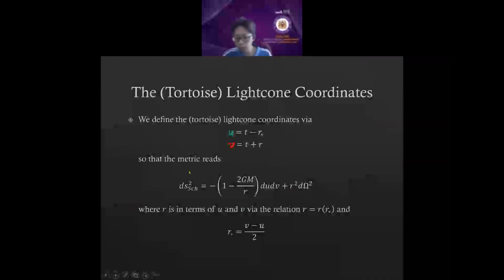So the metric now looks like this in this new coordinate system. But our focus is not really about the metric at the moment. We want to focus on the path of the light cone. If we use this v, u, theta, and phi coordinate, we actually still have some problem.